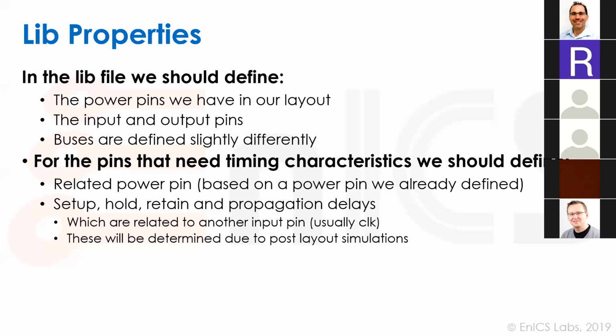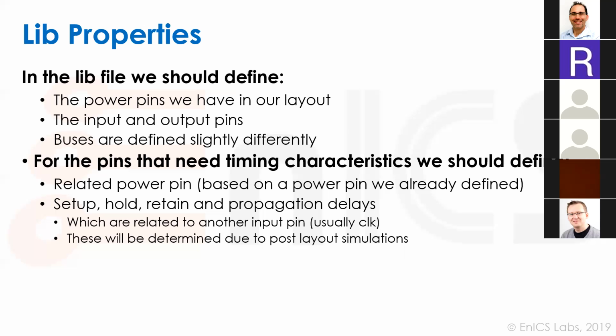Every lib file will probably look different according to what block you're making. So we need to define all the timing properties. This is something you can do with your own cell after you finish the design and run simulations, most probably post-layout simulations, so that you know your setup and hold and all the timing properties.